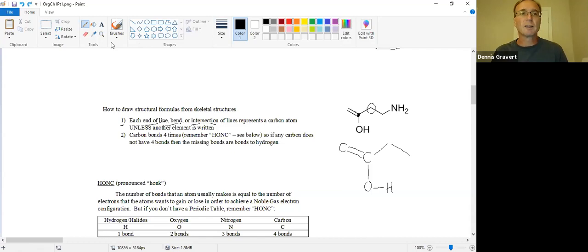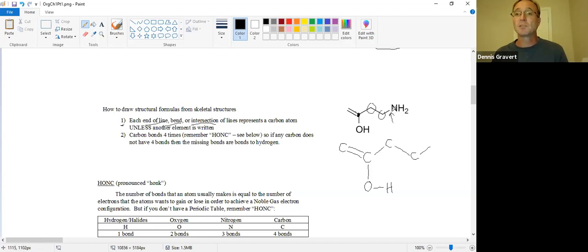We can do a little better than that, can't we? Hope so. That's all. There we go. Okay, and then it zigzags down, bends again. There must be a C here, and then it ends with an N. It ends with a nitrogen atom. Be a little careful, right?